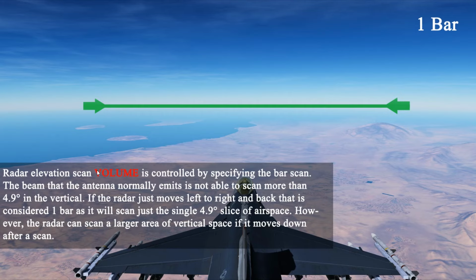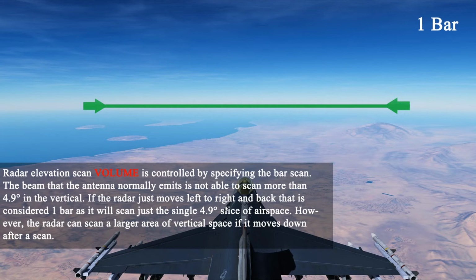What that's saying is that you can control the volume of the sky that you're looking at by changing the number of bars that you're scanning through. The beam that the antenna normally emits is not able to scan more than 4.9 degrees in the vertical. If the radar just moves from left to right and back, it is considered 1 bar, and it will scan just that single 4.9 degree slice of airspace.